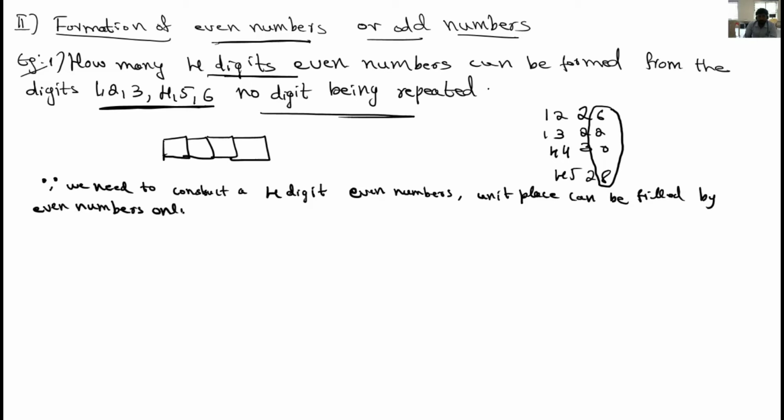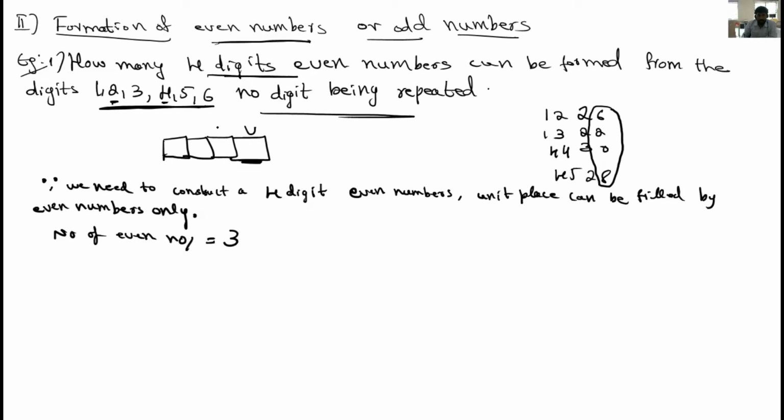You need to use the even numbers only. How many even numbers are available? Here 2, 4, 6. Number of even numbers is equal to 3.